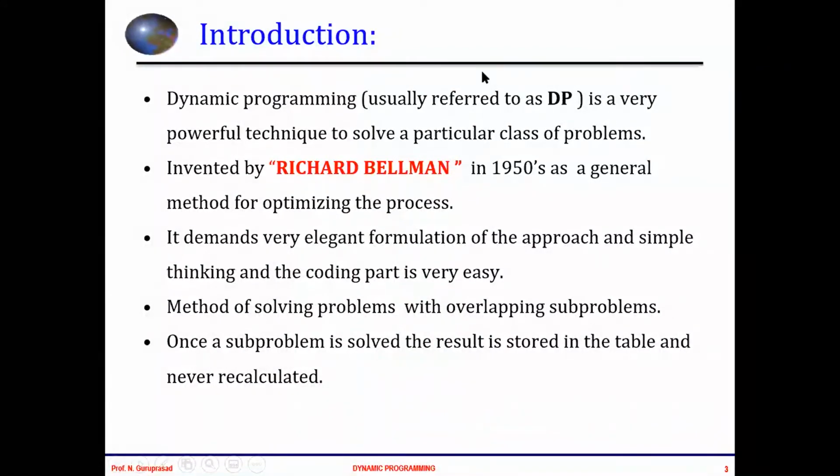This design technique was actually invented by an author by name Richard Bellman in the 1950s, who was instrumental in coming out with an algorithm which works on the shortest path on the graphs. That's why it was called Bellman-Ford algorithm.